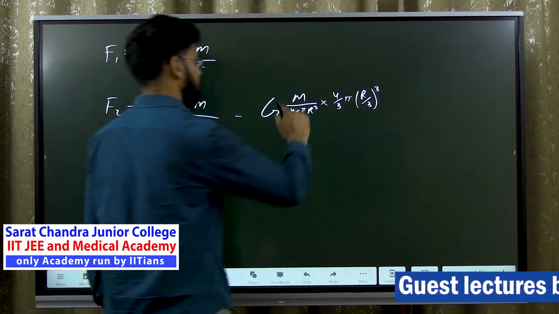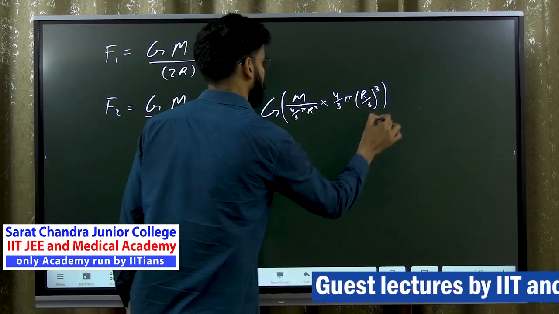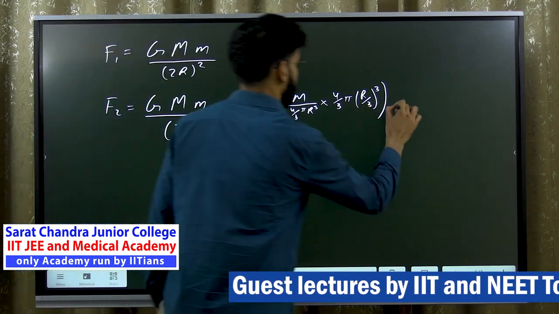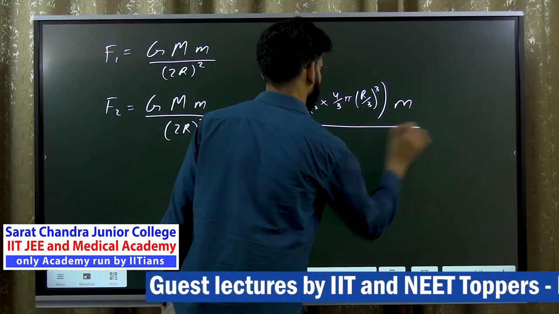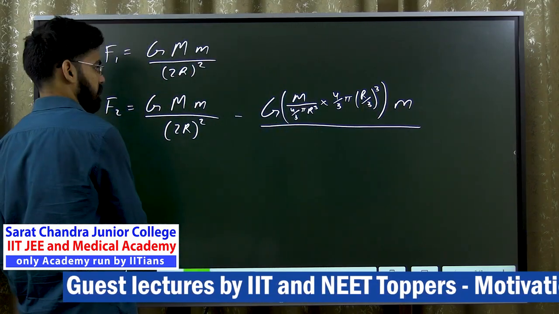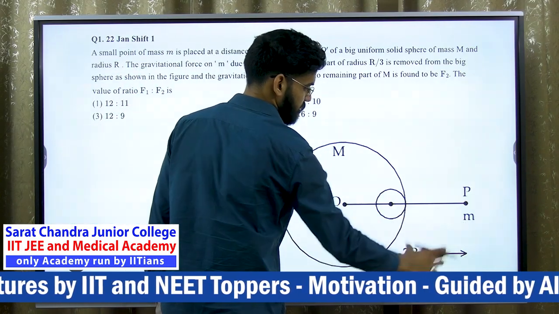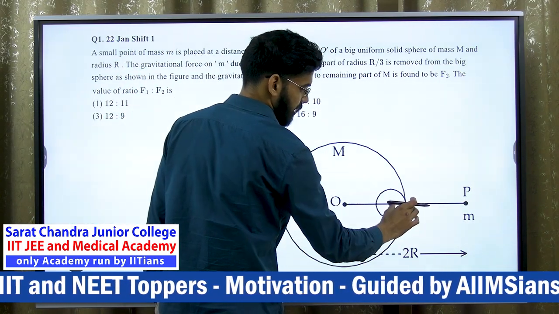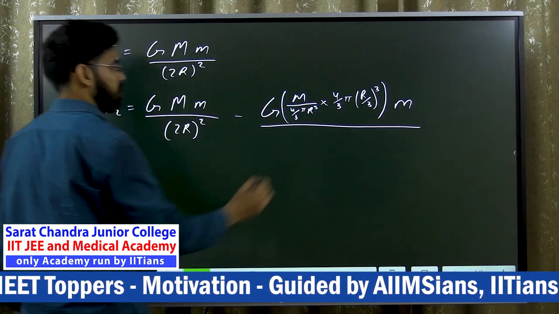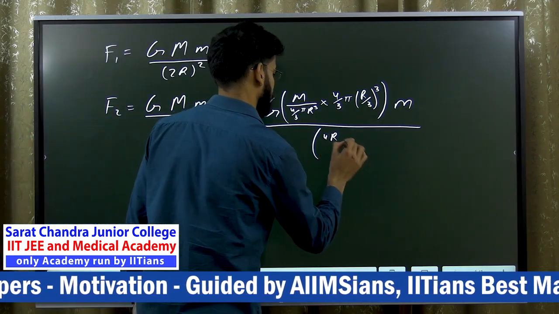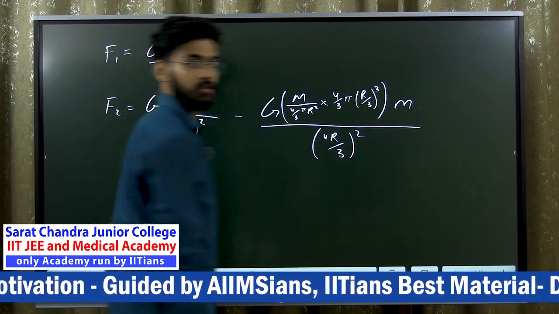Radius is r by 3. This is the mass of this cavity, into small m, divided by the distance. Now see the distance from the center of this cavity till here. What is the distance? This is r and this is r by 3. So total 4r by 3. So this is (4r by 3) whole square.